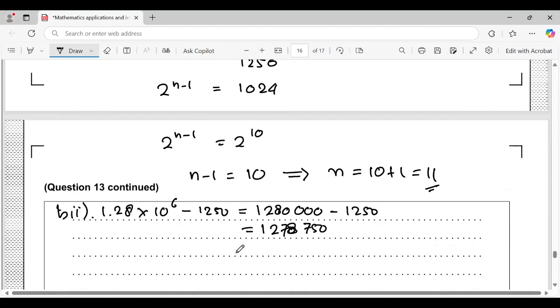So to the nearest thousand, it is 1,279,000. That's it.